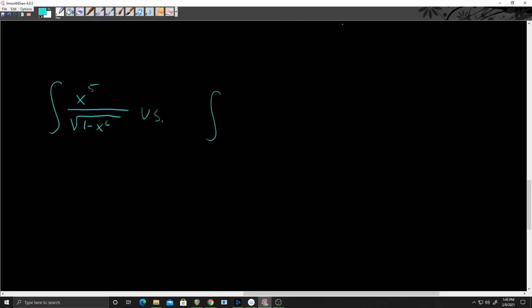We're going to compare the integral of x to the power 5 over the square root of 1 minus x to the 6 versus the integral of x squared dx over the square root of 1 minus x to the power 6. Okay?